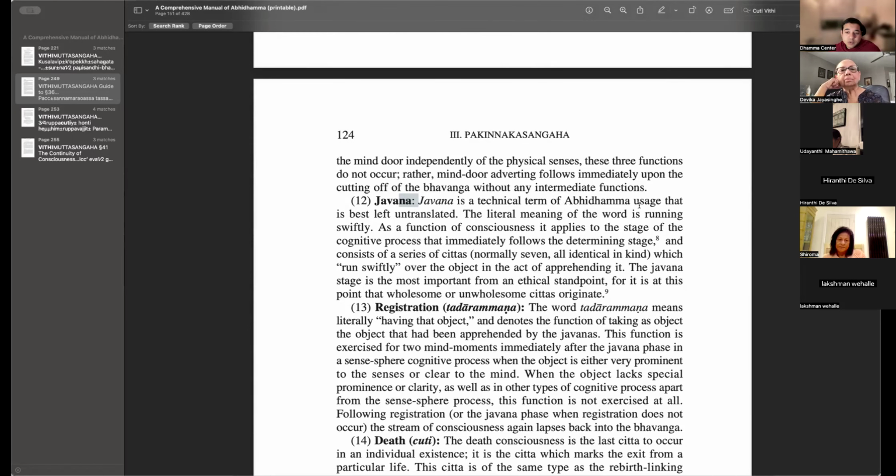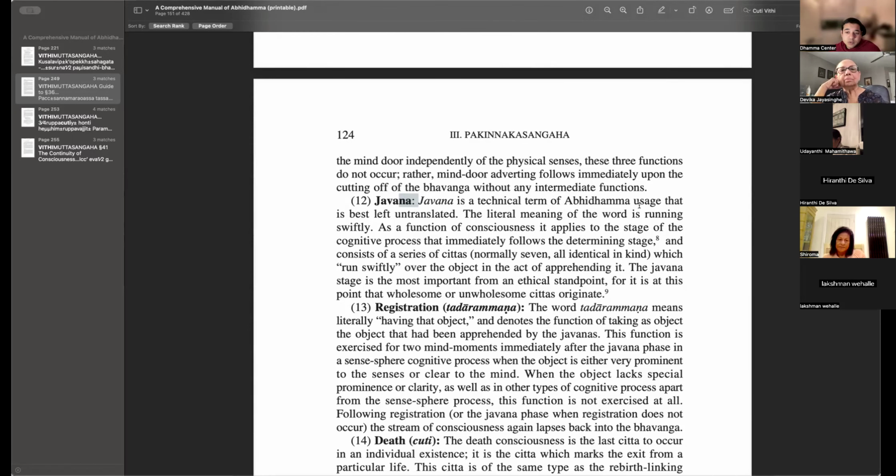As a function of consciousness, it applies to the stage of the cognitive process that immediately follows the determining stage, and consists of a series of chittas, normally 7, all identical in kind, which run swiftly over the object in the act of apprehending it.